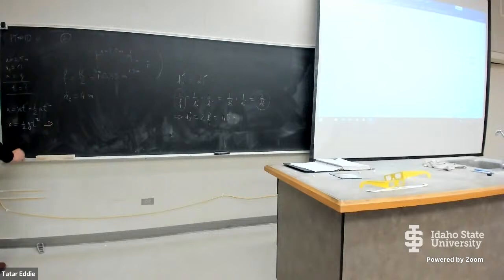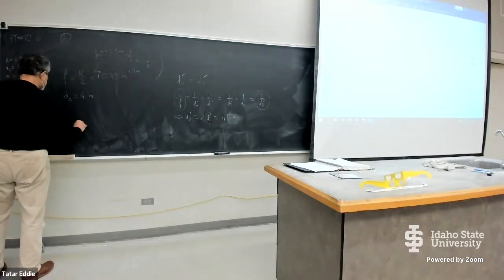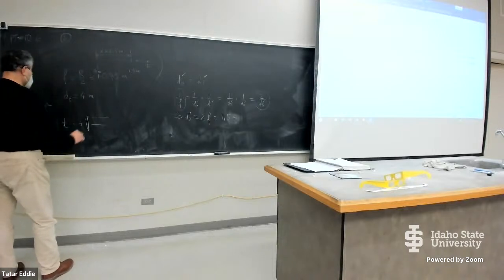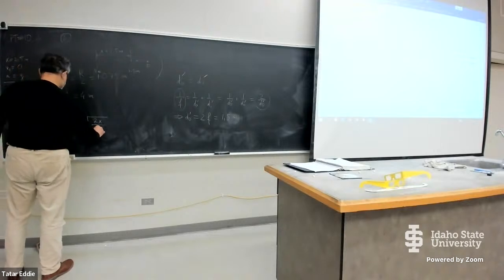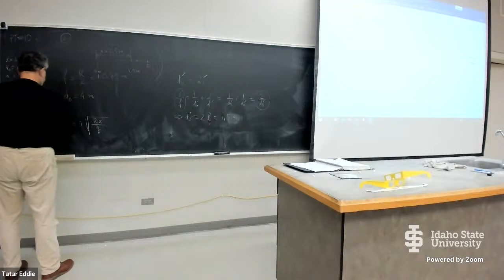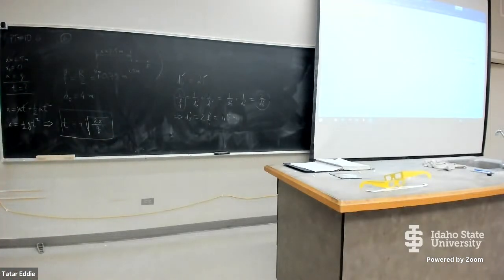And solving this for time, you get that the time is the positive square root of 2 times x divided by 9.8. So x again is 2.5 meters. And the optics part of this question was figuring out this displacement x.